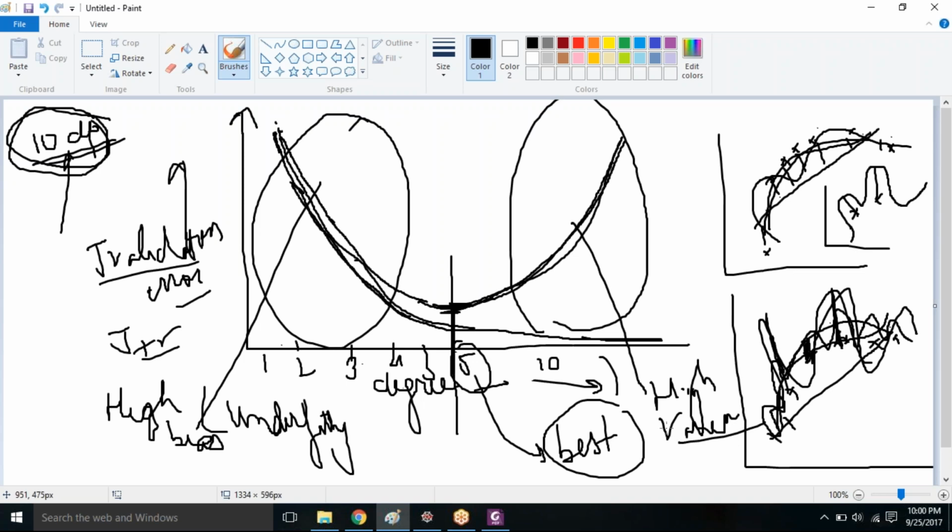This is a very important concept, and this graph I am telling you is the most talked about graph when you talk about the bias versus variance curve. It is hugely talked about in interviews, or in general discussion also.